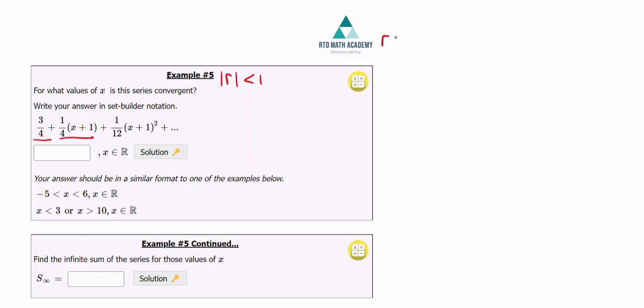So we'll say r is equal to 1 over 4 x plus 1, and then divided by 3 over 4. And right off the bat, to make this nicer, let's use our rule that dividing by a fraction is the same as multiplying by the reciprocal.